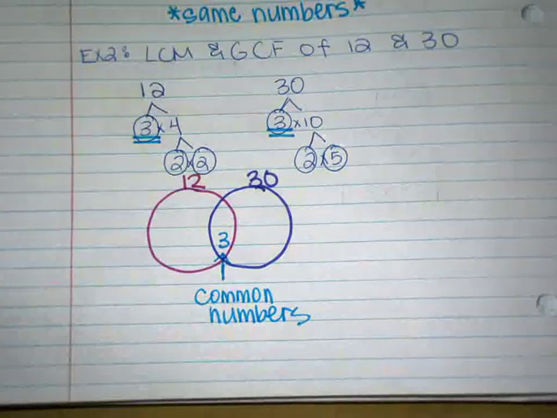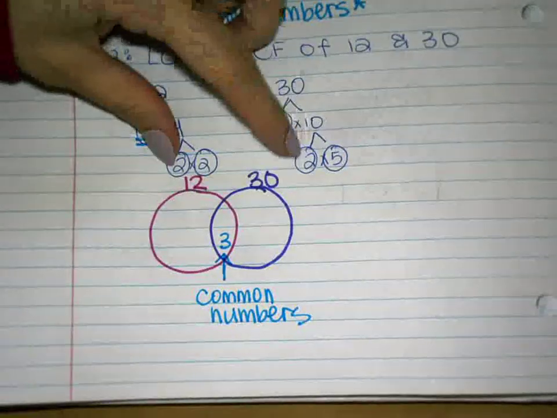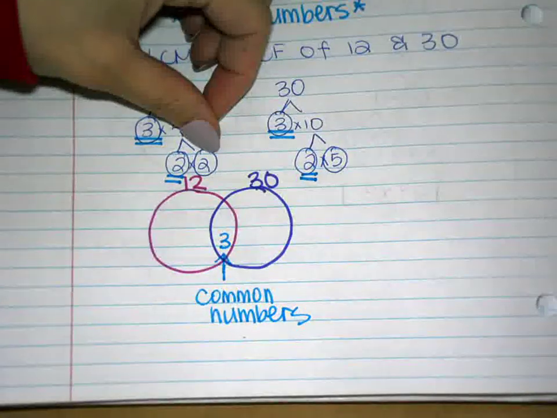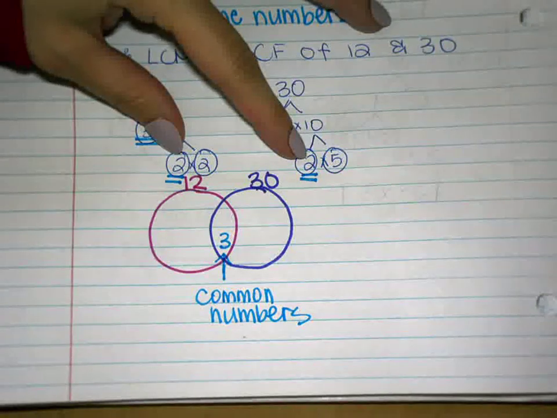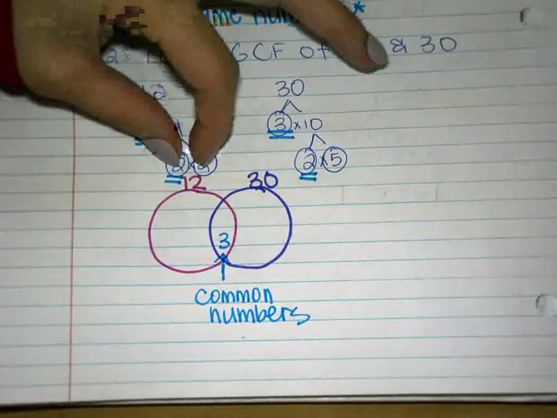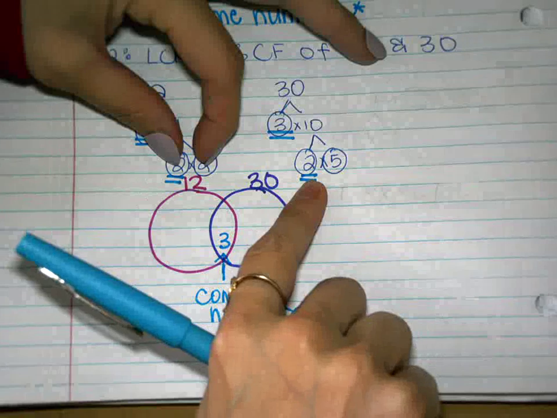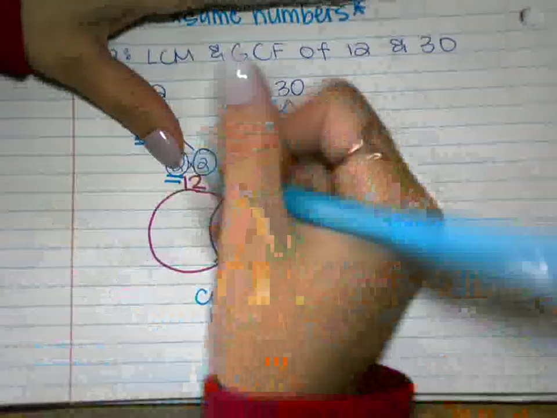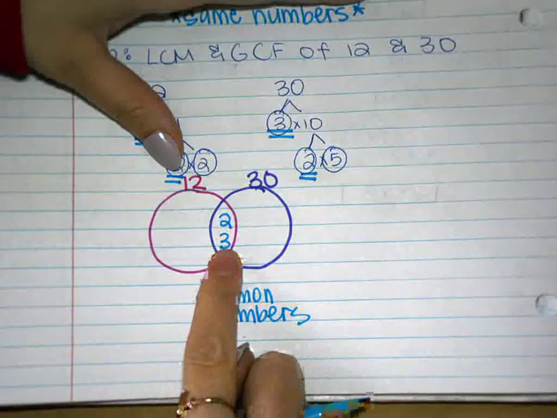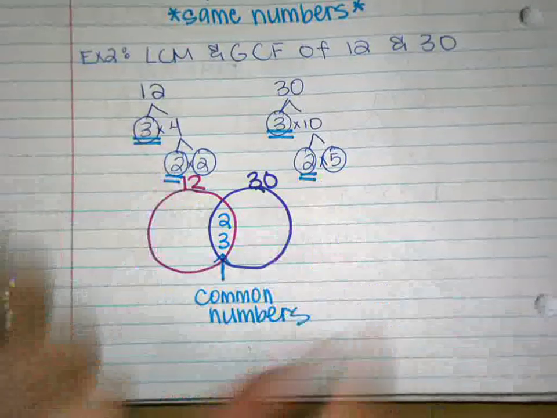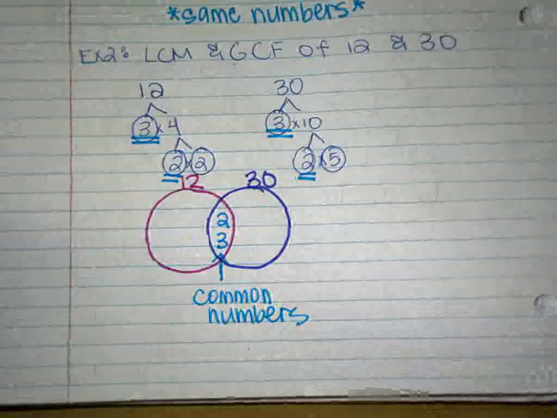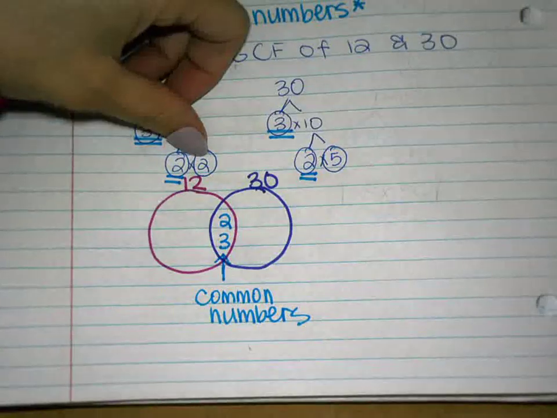Then I see that there is a 2 and a 2. Now notice I'm not using this 2 because I have to match them up perfectly. I can't say, oh, 2 2s and 1 2. That's not the same. It's 1 and 1. So then I'm going to write a 2 in the common numbers because they have a 2 in common. Then if I go to the next number, I see another 2.